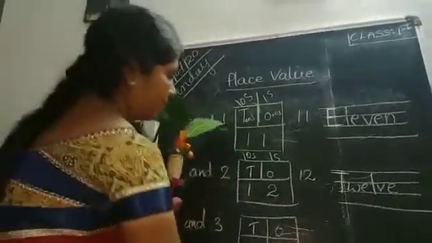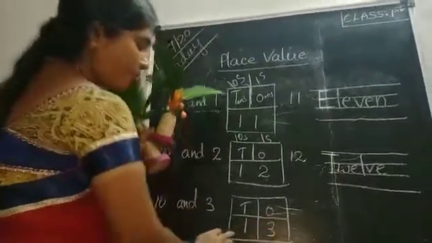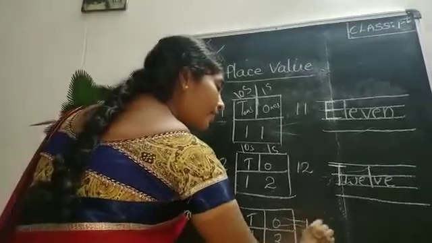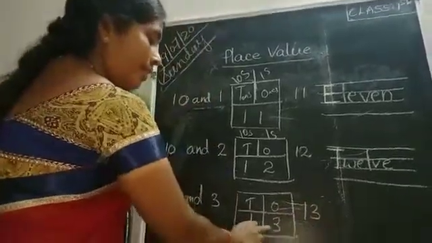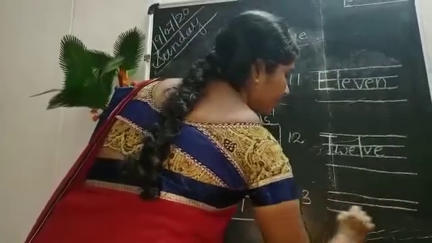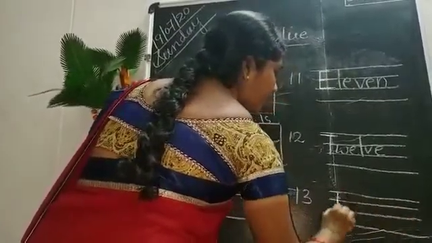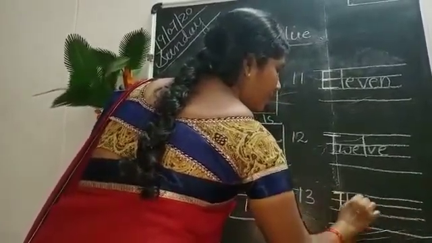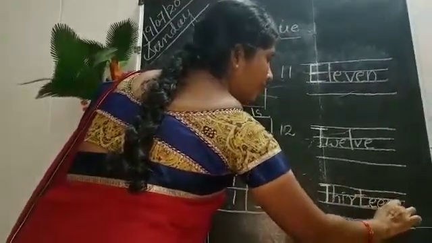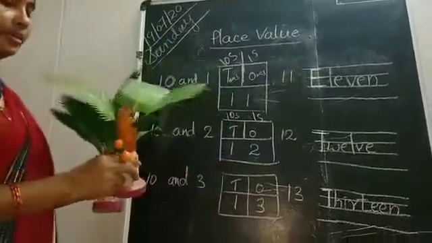One 10 and 3 ones. 13. So, THIRTEEN, 13. Okay.